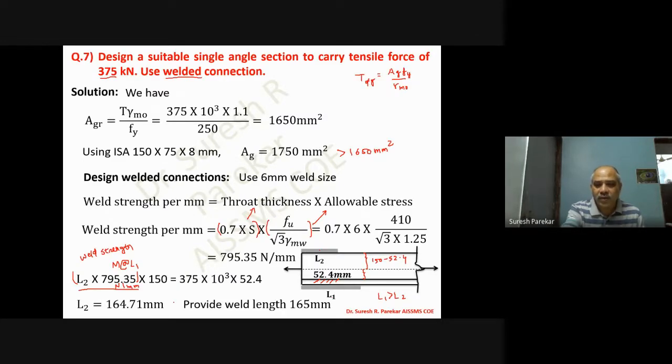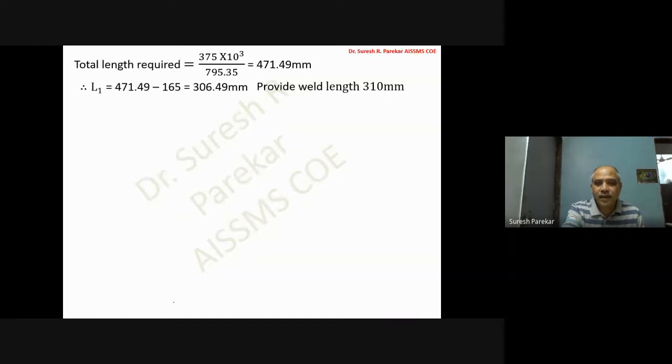You can take moment about L2. So I will mention over here, if we go with moment about L2, then you have L1 into 795.35 into 150.